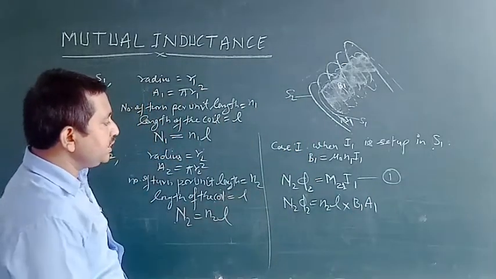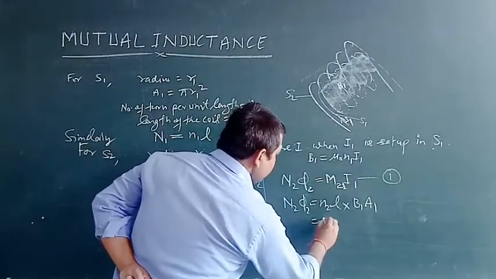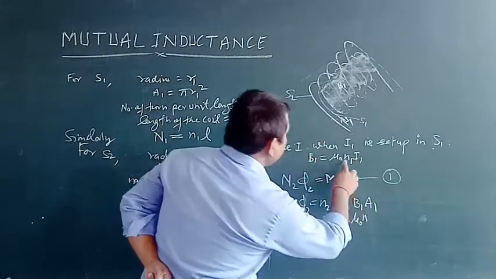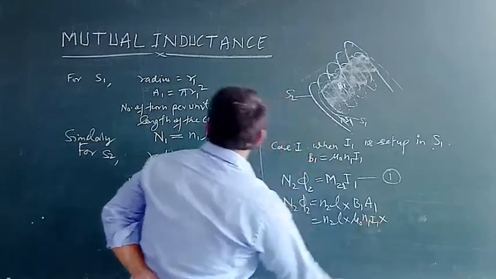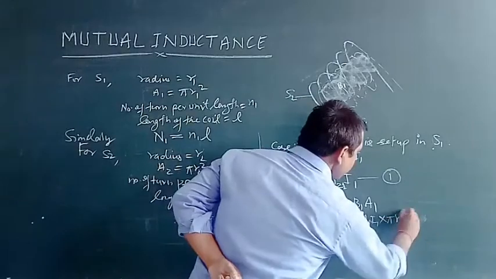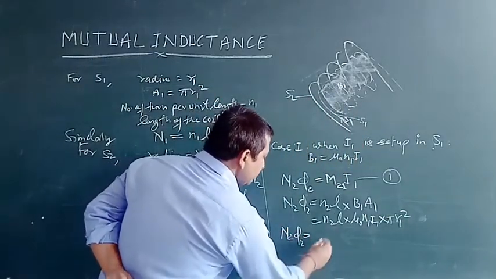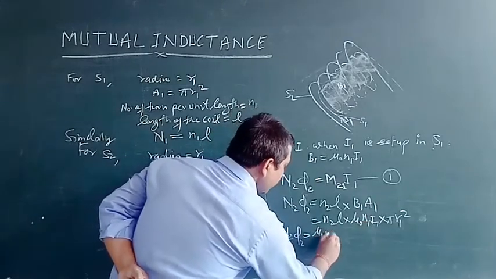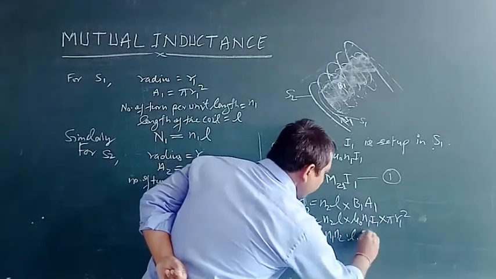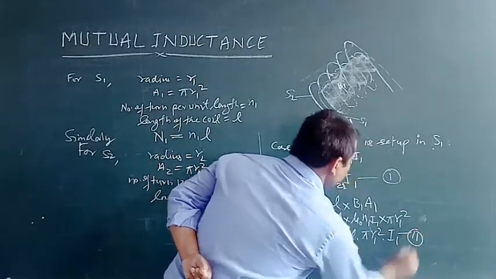If we write the value of B1, we get N2 equals n2 L into mu 0 n1 I1 into A1, where A1 means pi R1 square. So from here we get a formula for N2 phi 2. This is equal to mu 0 n1 n2 L times pi R1 square times I1. This is equation number 2.